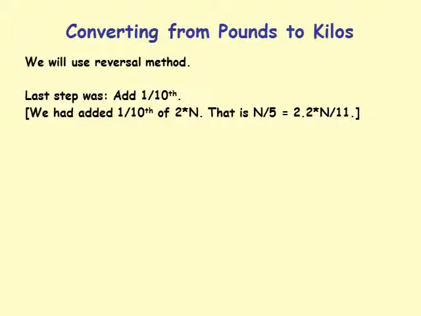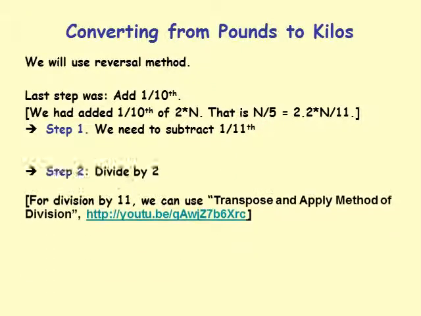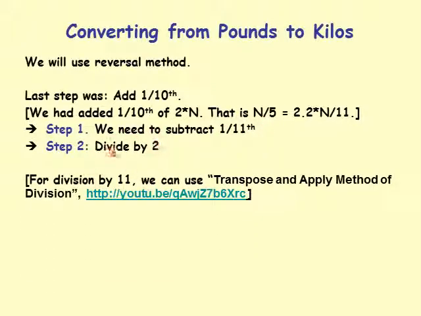But we will do an approximation here. Step 1, we subtract 1/11th of the pounds. Step 2, we divide that by 2. But we don't want to divide by 11. You can divide by 11, which is not that bad, using the transpose and apply method of division.